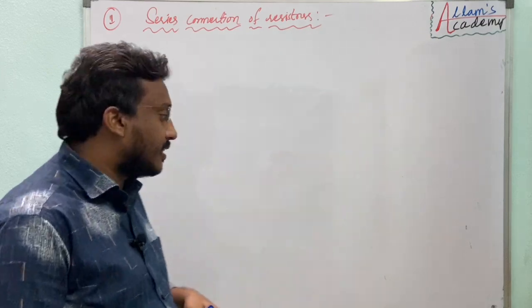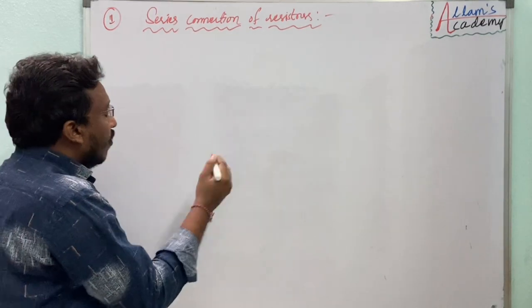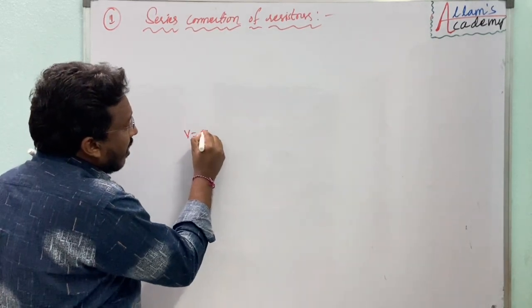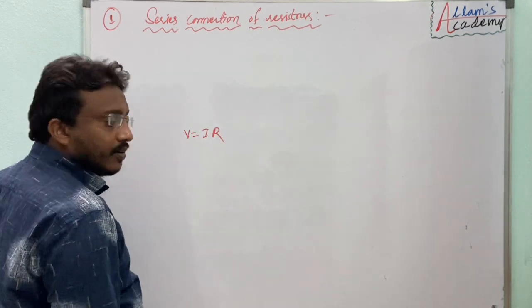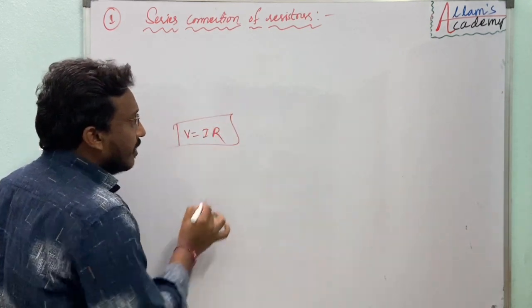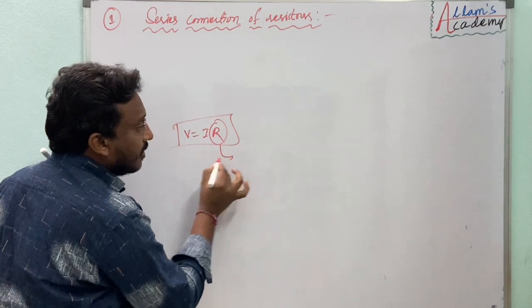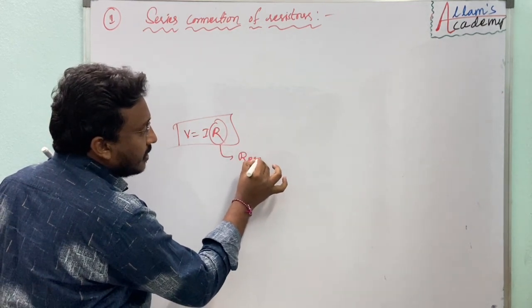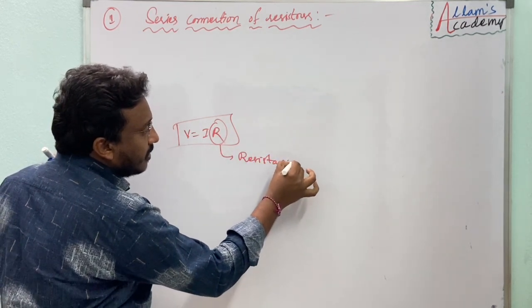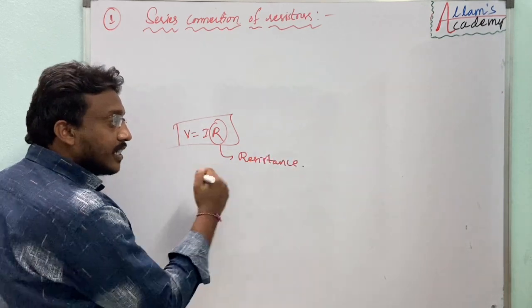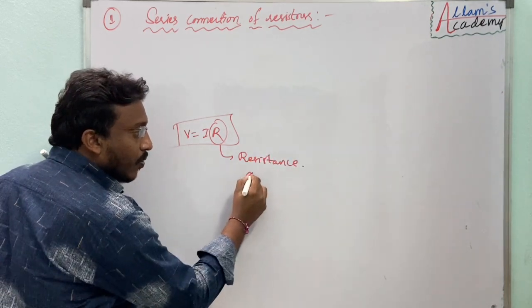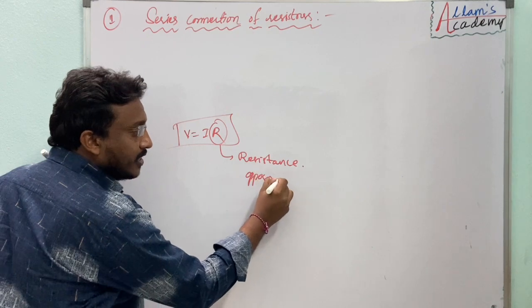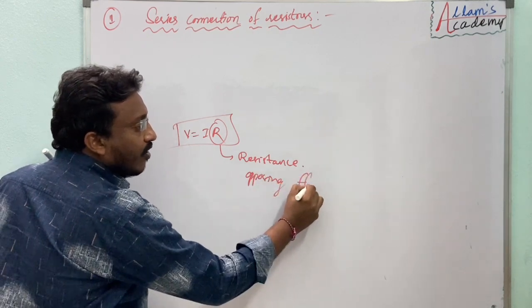Yesterday we discussed Ohm's law, V equal to IR, right? Here R means resistance. What is resistance? Opposing of flow of charges.